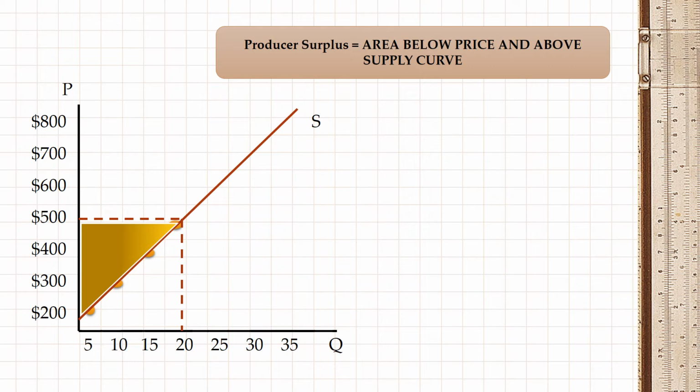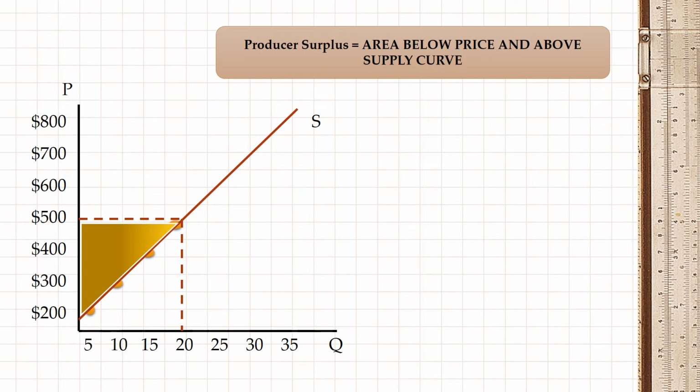But what happens if the cost is equal to the market price? As in, you don't want to supply the commodity below $500 and the market price is also 500. In that case, the producer surplus is zero. You won't earn any surplus. But what happens when the cost of production is higher than the market price?